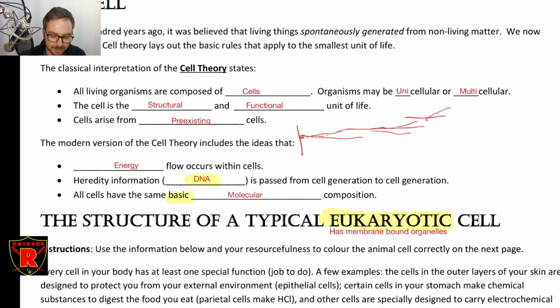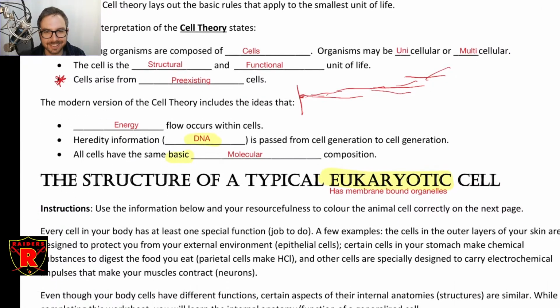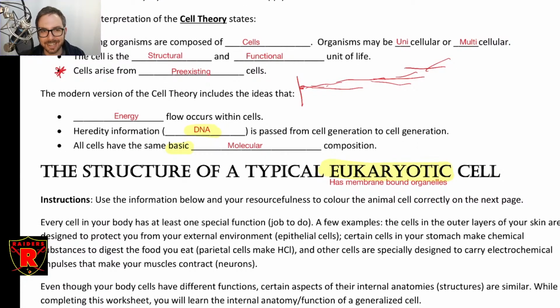So this last point here is sort of like, yes, we've never observed this, but the implication is that it did happen at one point. But we've never been able to replicate it, and we've never observed cells arising from no cells. So that one's a little bit shady of a point.